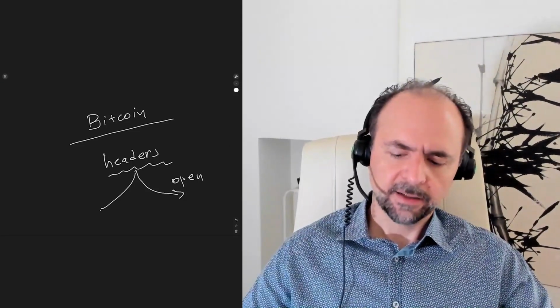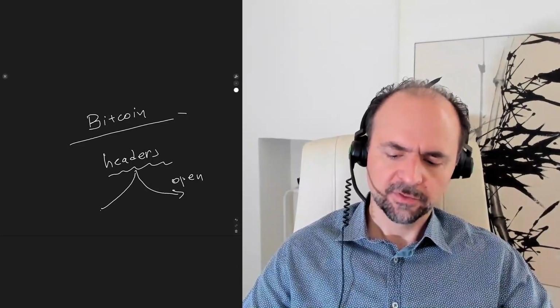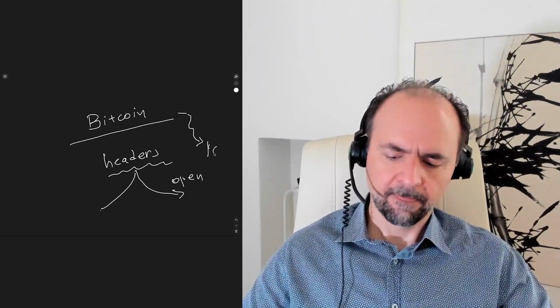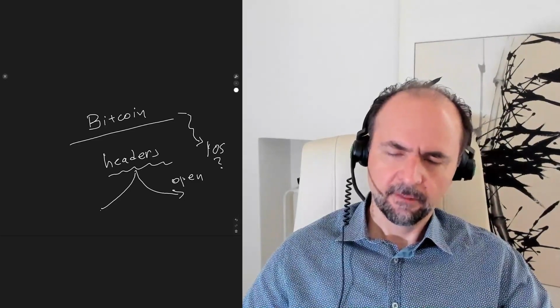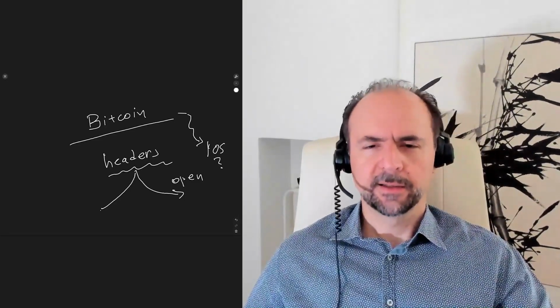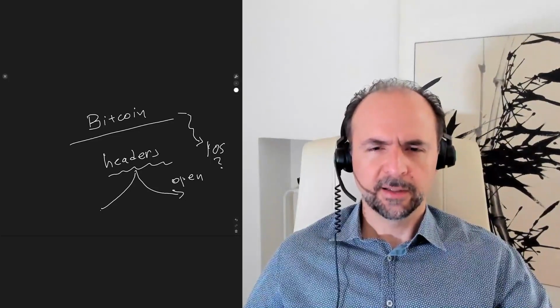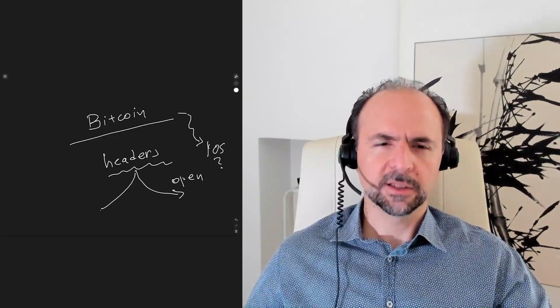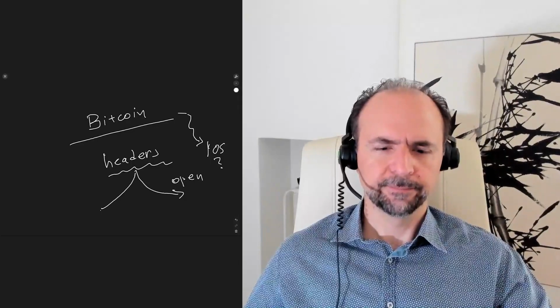Can this be applied to the proof-of-stake setting? Unfortunately, the answer is no. The reason is that in a proof-of-stake blockchain, block validity is not something that can be solely decided based on block header.